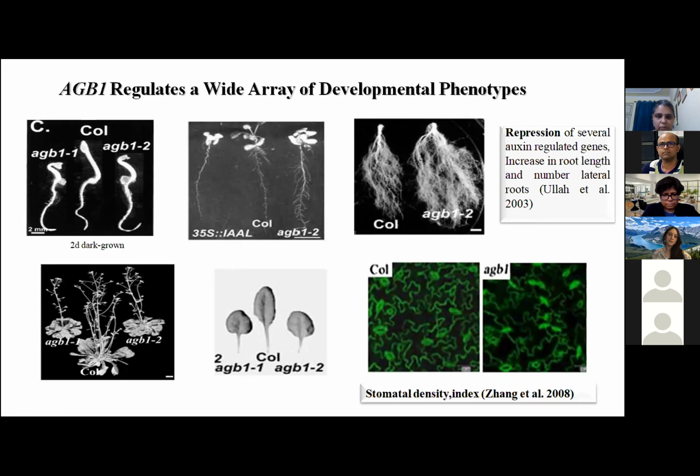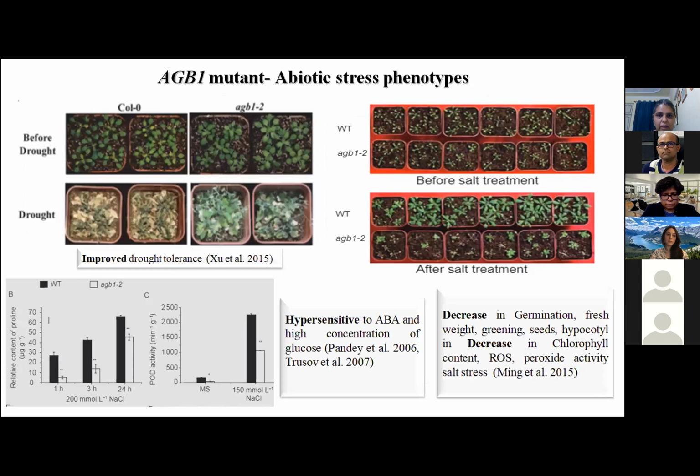These are the important traits to begin with, which attracted me, and I got interested in it from the stress point of view also. This stress information is more recent. More and more information is being added that this plays a very important role in stress signaling also. In the upper panel you see Col-0, the control plant without any gene knocked out, and agb1-2 is the plant where you have knocked out the beta subunit of G protein signaling.